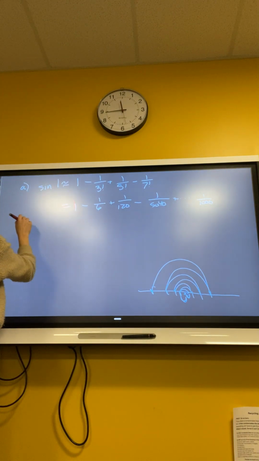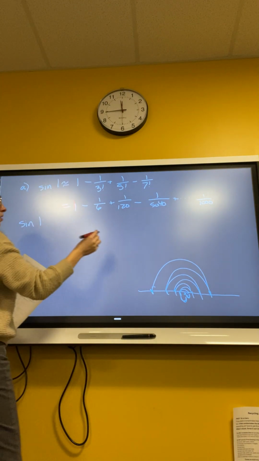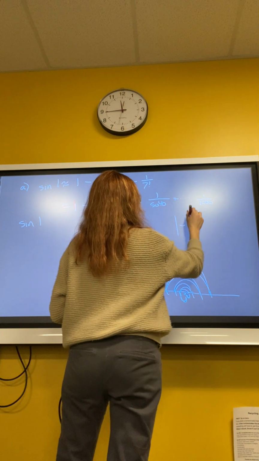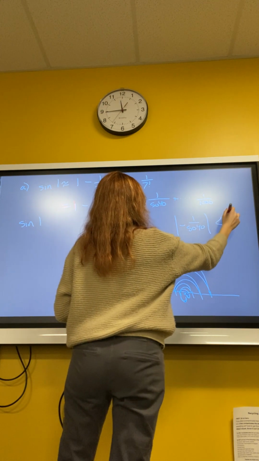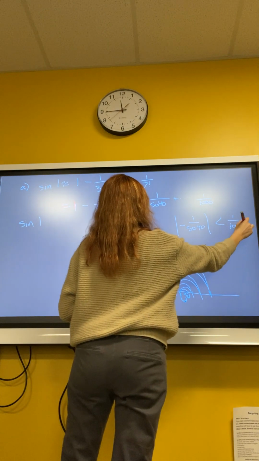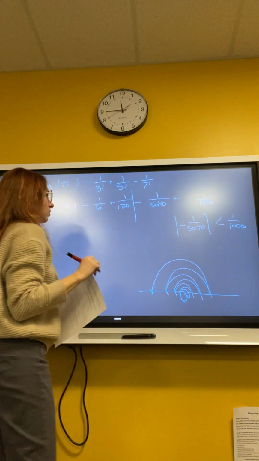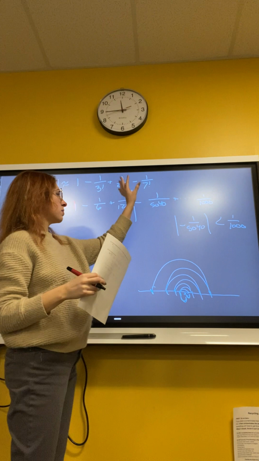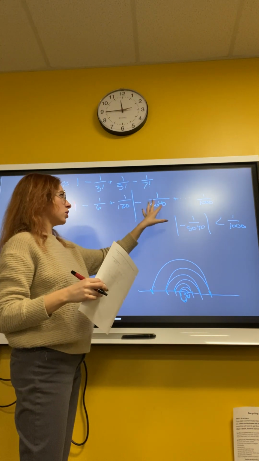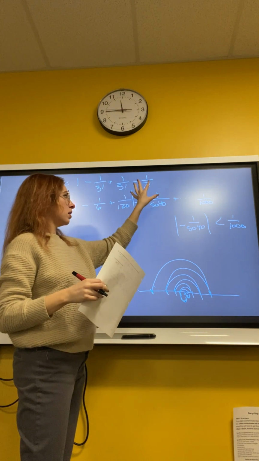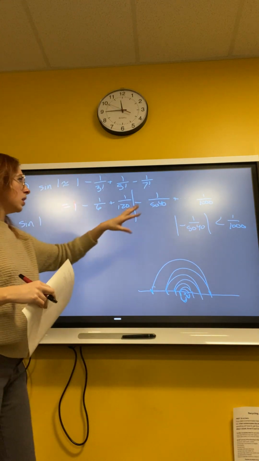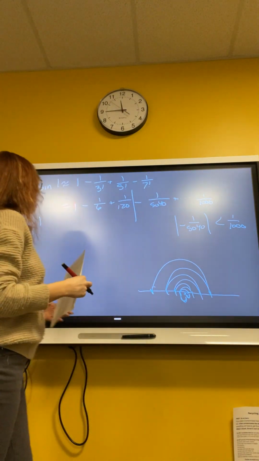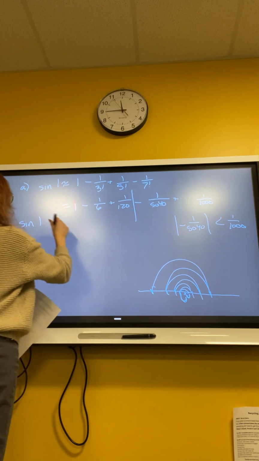But I don't need that many because the absolute value of that is smaller than 1 over 1,000, right? Right. So I can stop here, because the error is going to be smaller than the first truncated term. So if I truncate, then this is going to be smaller than the actual error, and it's smaller than the error that we need. So I can just add up the first three terms.